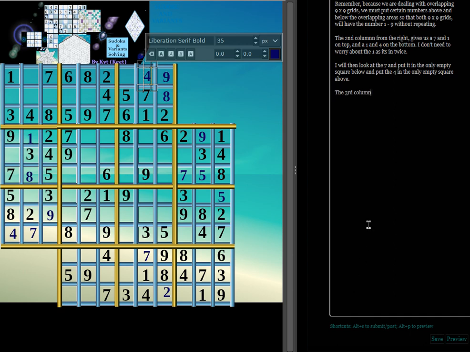The third column over, I have a 5 and 6 on top and a 3 on the bottom. Because I only have one empty square on top, I just put in the 3.